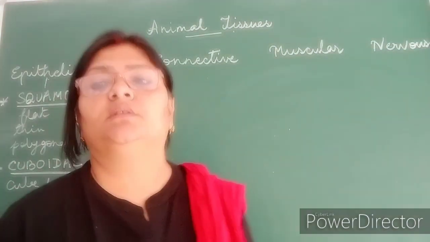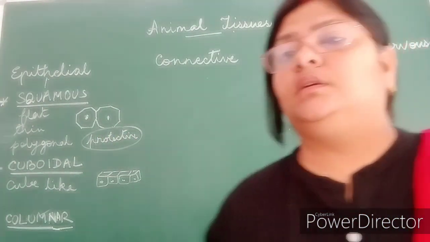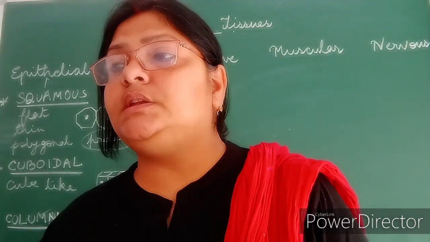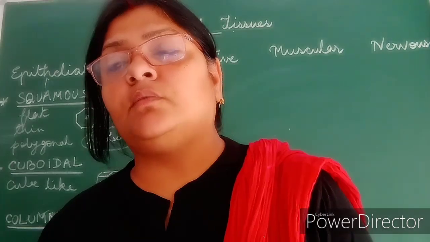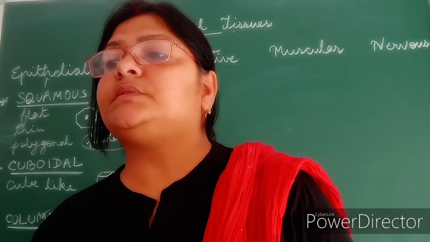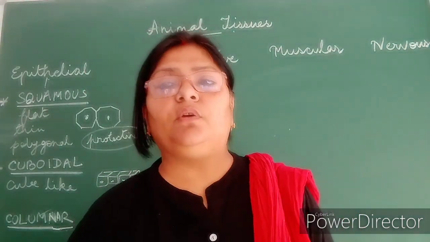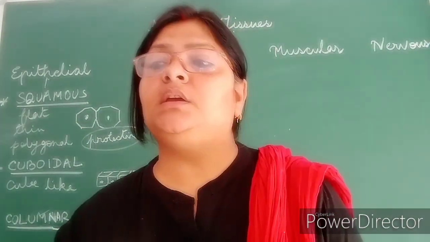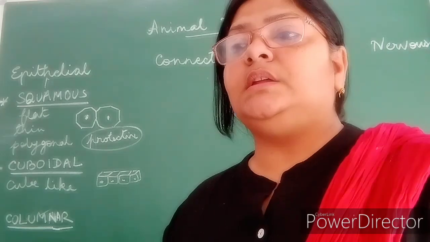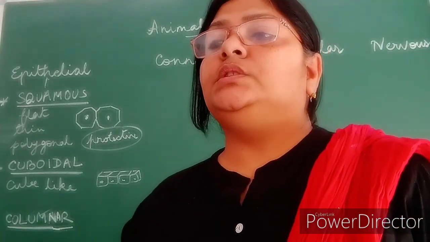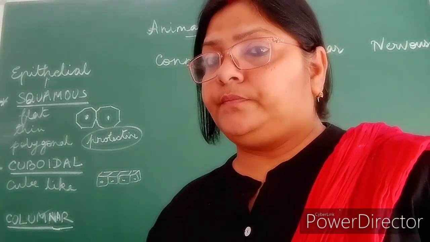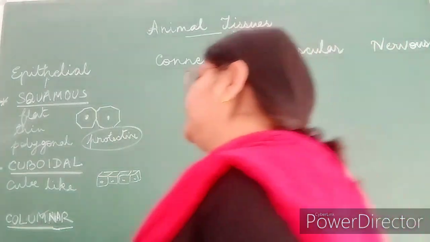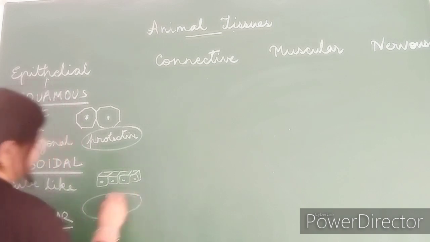So that is a cuboidal epithelium. Now it is found in the lining of the kidney, the organ which helps us in excretion, is formed of tubules. It forms the lining of the kidney tubules from the inner side. So this helps in absorption. The tubules, what they do, they absorb. So its basic function is to absorb.